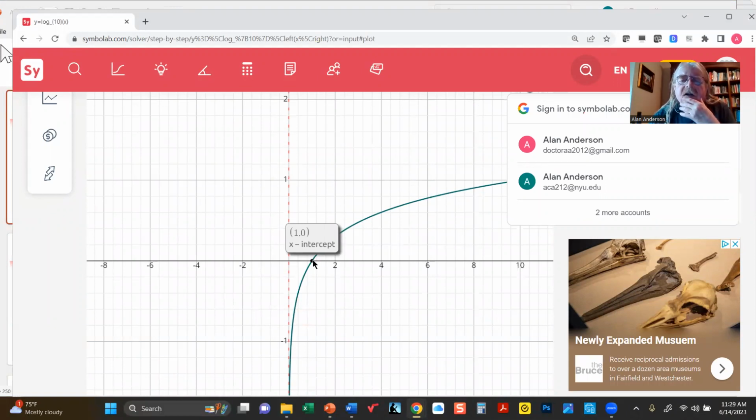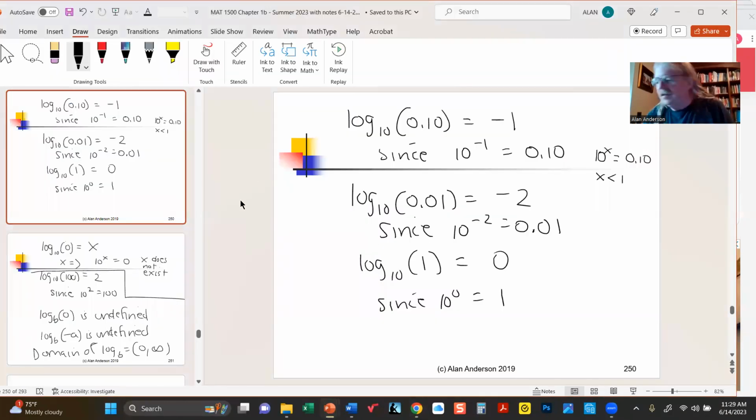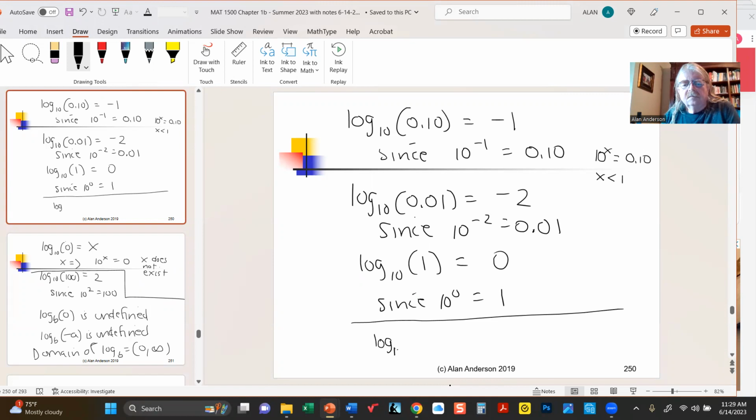So in other words, the log base 10 of 1 is 0. Oh, I already had it right there. I didn't even see it. Okay, very good, even better. All right, so log base 10 of 1 is 0 because 10 to the 0 is 1.